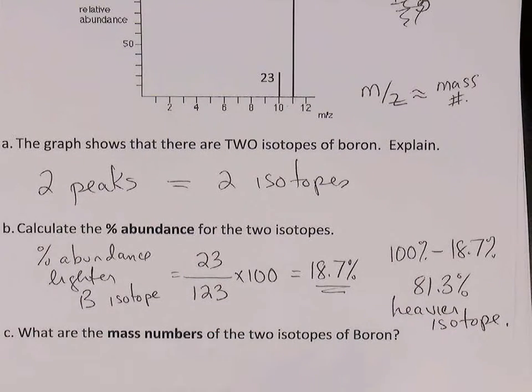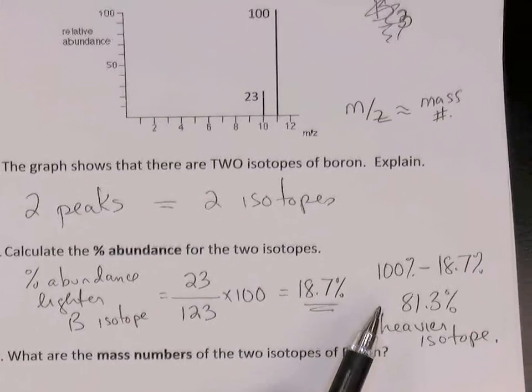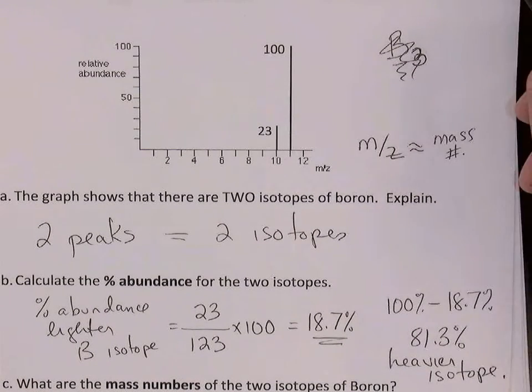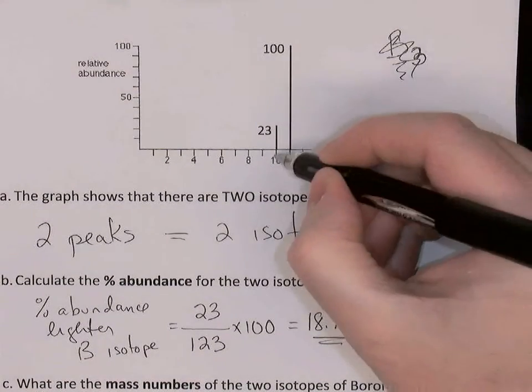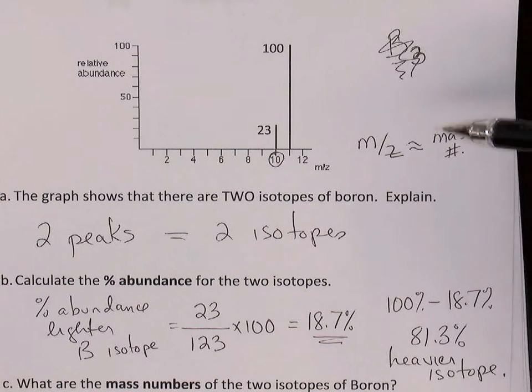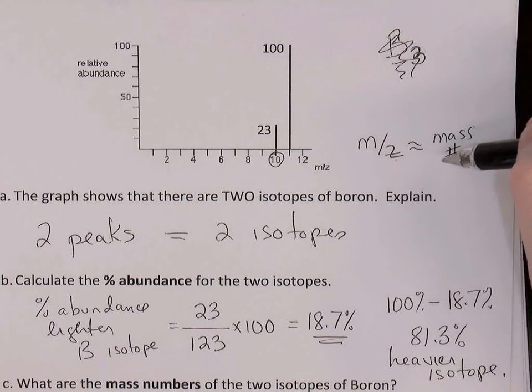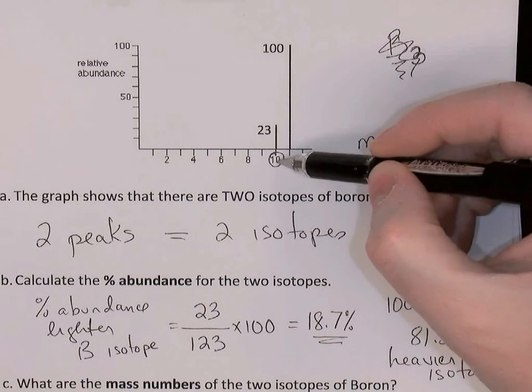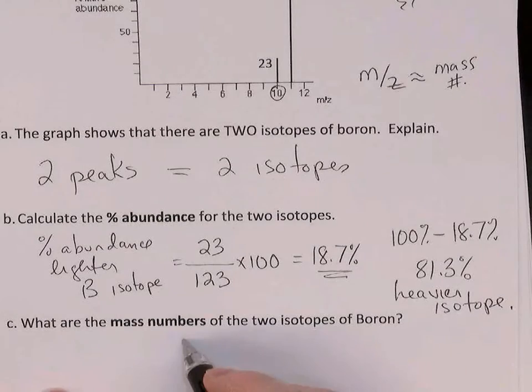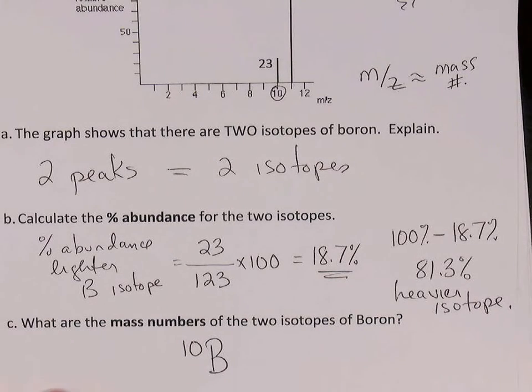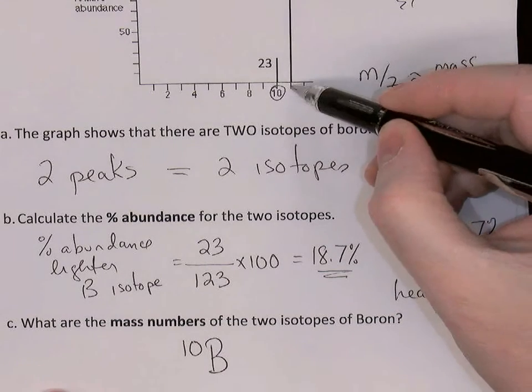What were the mass numbers of the two isotopes of boron? Well, looking at the graph closely, we can see that the first peak is showing up at the number 10 on the x-axis, and as we said earlier, we're going to assume that the mass to charge ratio is essentially the same as a mass number because the atoms will have charges of +1, and every proton and neutron's mass is 1 AMU. So therefore, boron 10 would be one isotope, and the other isotope would be boron 11.